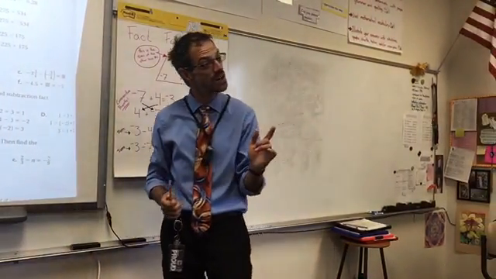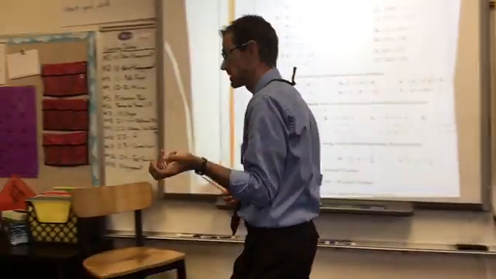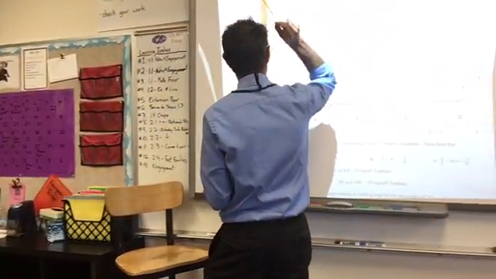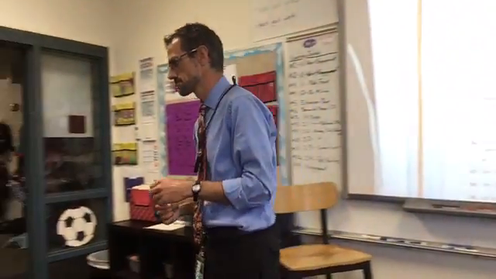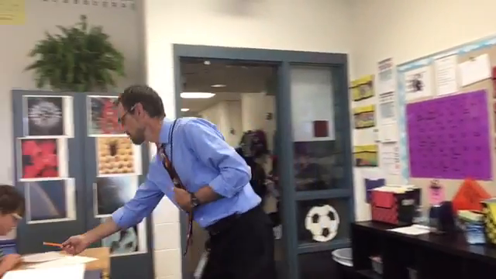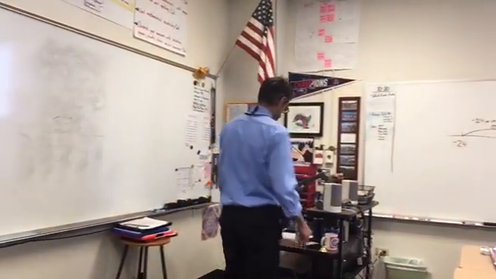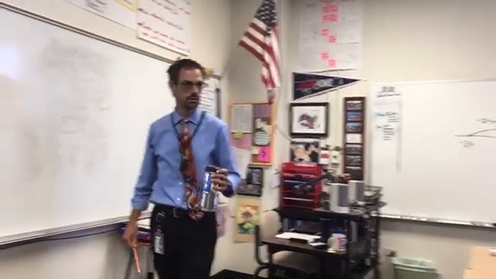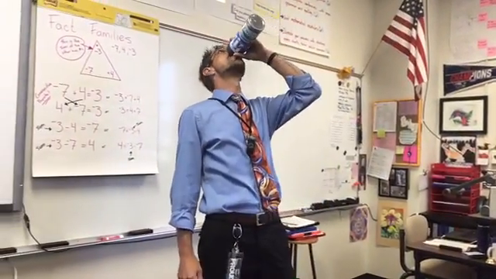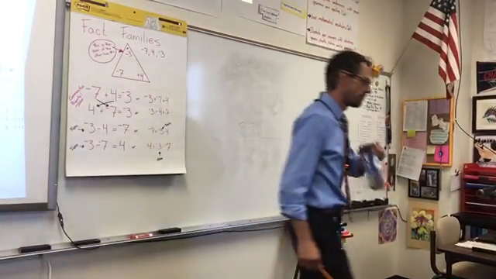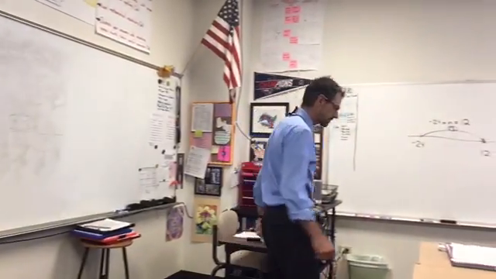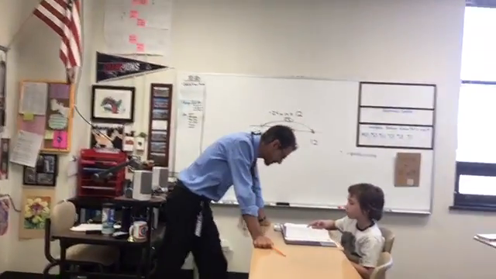So now that you know how to do that without doing the calculations, talk to your partner about 51. Go. So I was supposed to say which one was wrong?